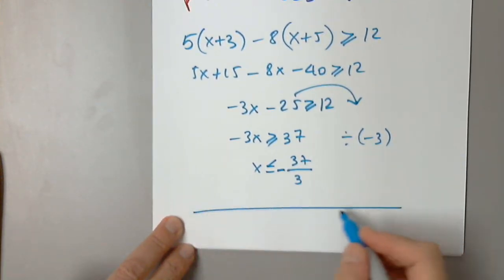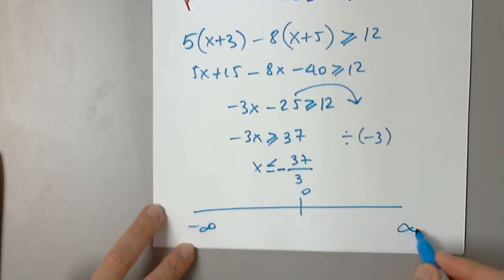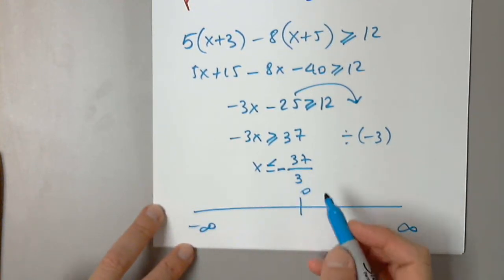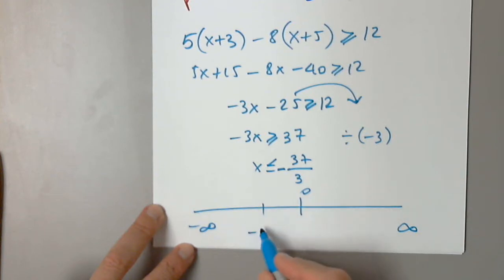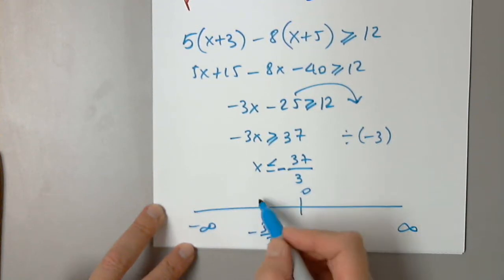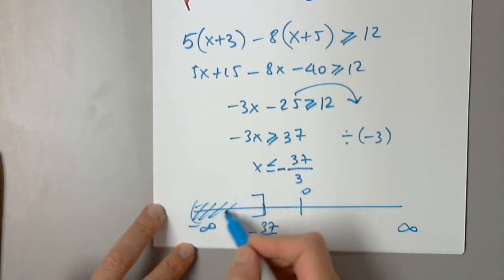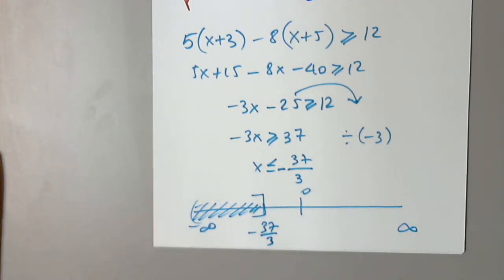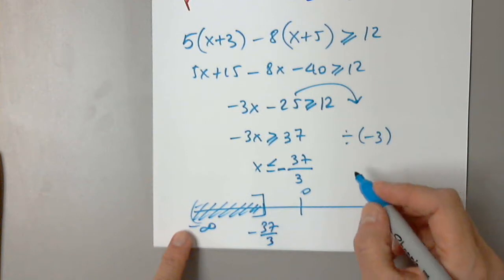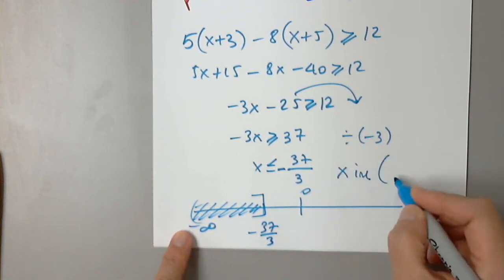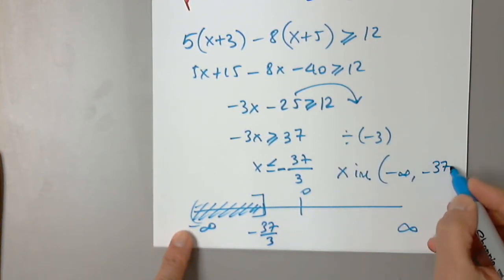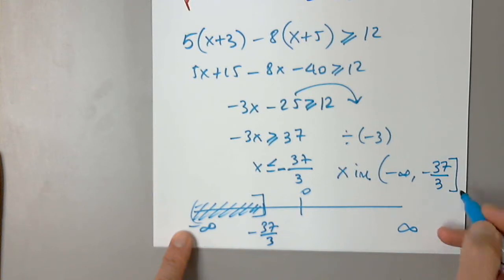So let's graph it so we can see it. Negative 37 divided by 3 is a negative number. I really don't care where it is. I don't care for units. But I know that this is the interval. This is what I have to write. X in the interval, negative infinity, negative 37 divided by 3.